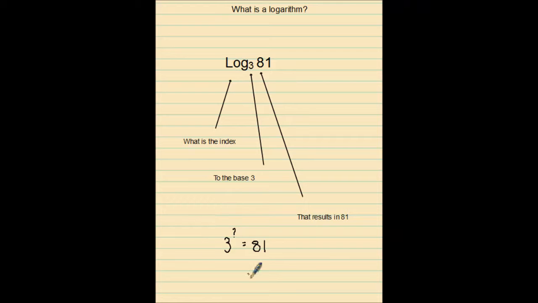And so again, here we have a mathematical equation that you can solve, and hopefully solve in your head actually. 3 squared would give me 9, 3 cubed would give me 27, and 3 to the power 4 would actually give me the 81 that I'm seeking. So I could say equivalently, the answer to that is 4. But it's important that you write this down like this.